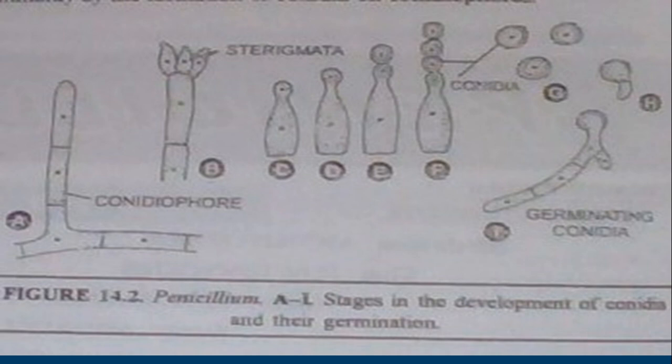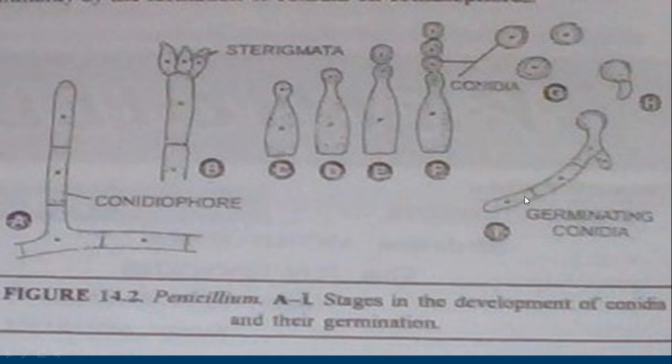Each conidium has two walls, I already told you, the outer and the inner wall, but they germinate by septa formation, and an outgrowth is formed, and this outgrowth is called the germ tube. So these conidia give rise to one or more germ tubes. These germ tubes grow, become septate and transform into a mature mycelium.